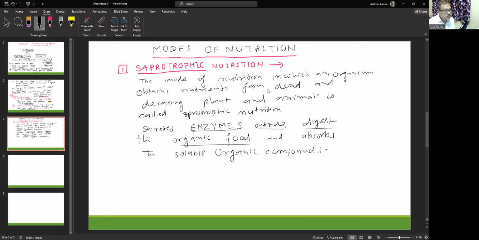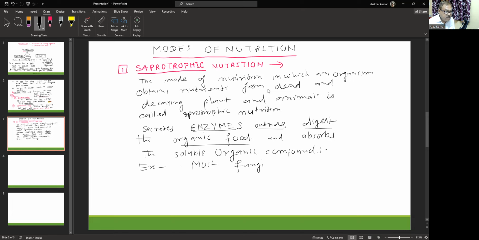Very nice. You can think of important examples. Most fungi are saprotrophs.